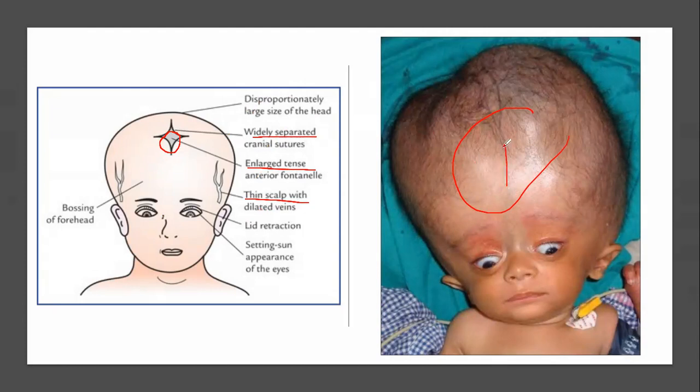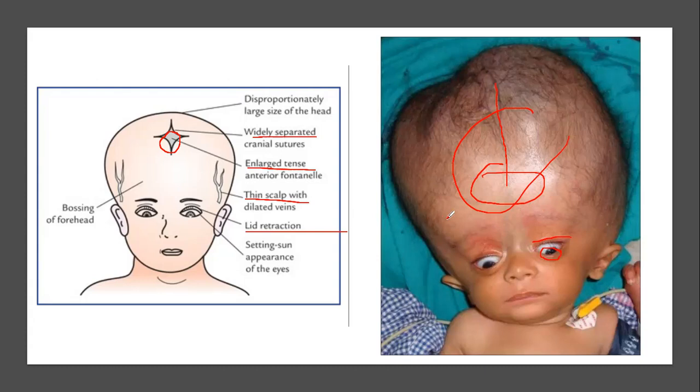You can even see a vein here. Yes, you can see the scalp is extremely thin. Then you can see bossing of the forehead. Okay, and lid retraction. You can see upper lid retraction. Then these eyes, you can see they are looking downward, the typical setting sun appearance of the eyes. Okay, so this is hydrocephalus.